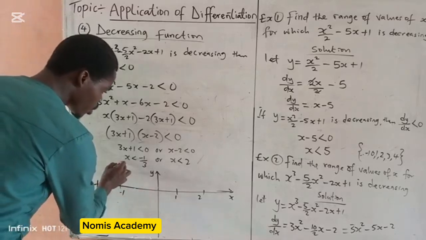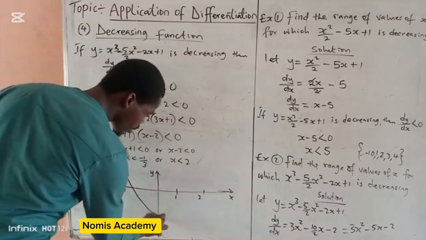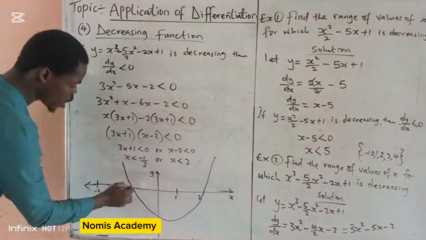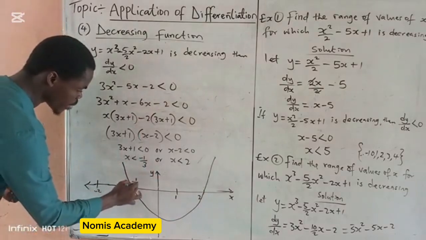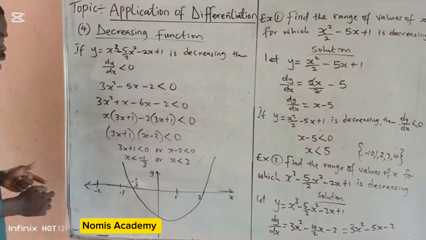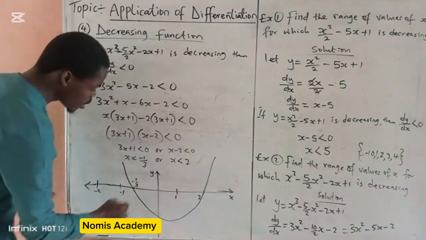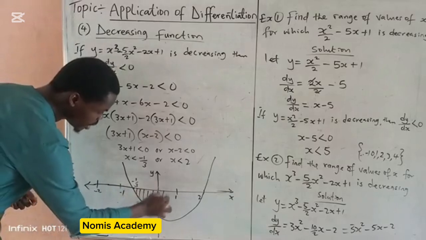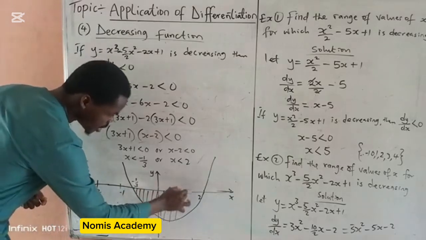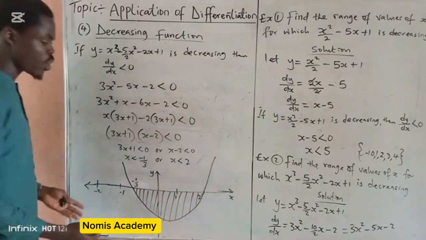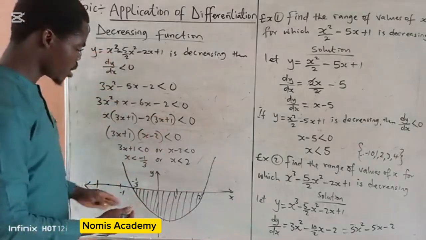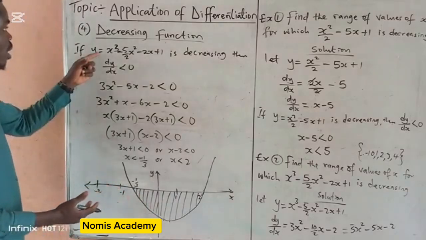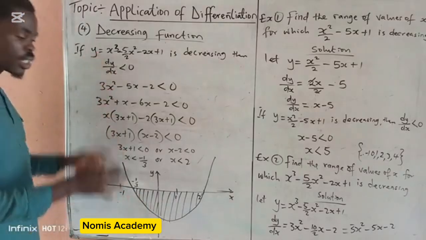We just draw a function this way, like this. So this is the function. We call this point minus 1 over 3. Now, this region, the shaded region, is the range of values of x for which this particular function is decreasing.